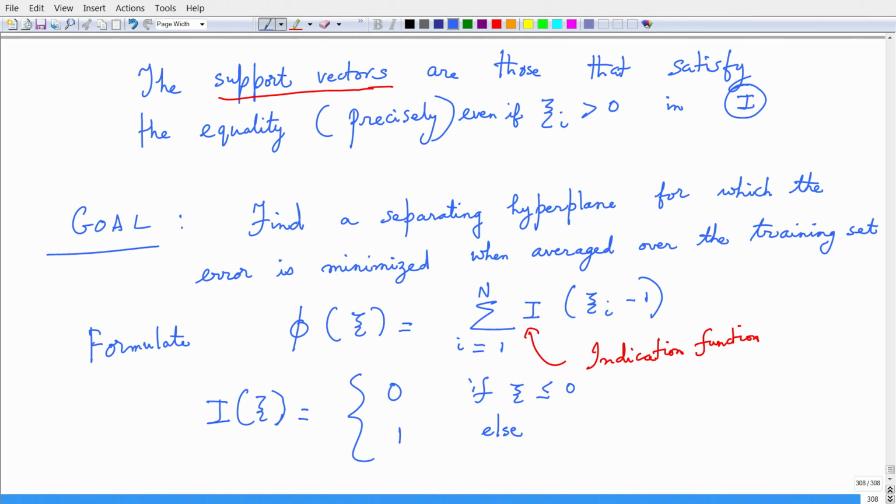So, this is our error, because zeta i, if it is between 0 and 1, this quantity is going to be negative. When it is greater than 1, there is no problem, and between 0 and 1 we have this issue where we have points that are lying on either side of the decision boundary, and that leads to misclassification.